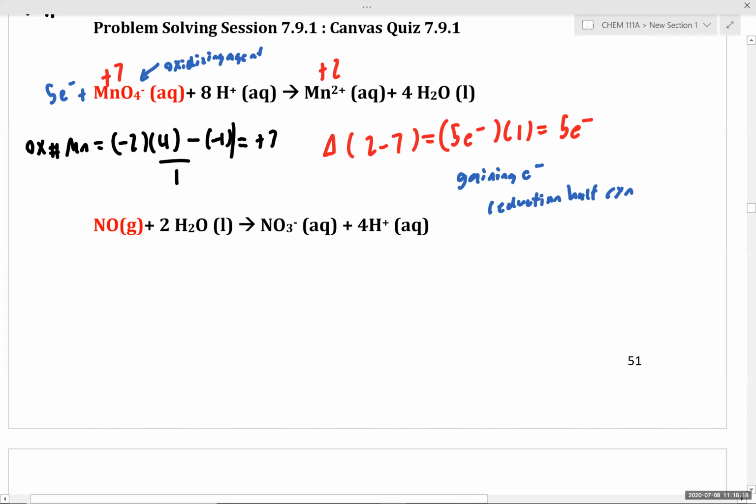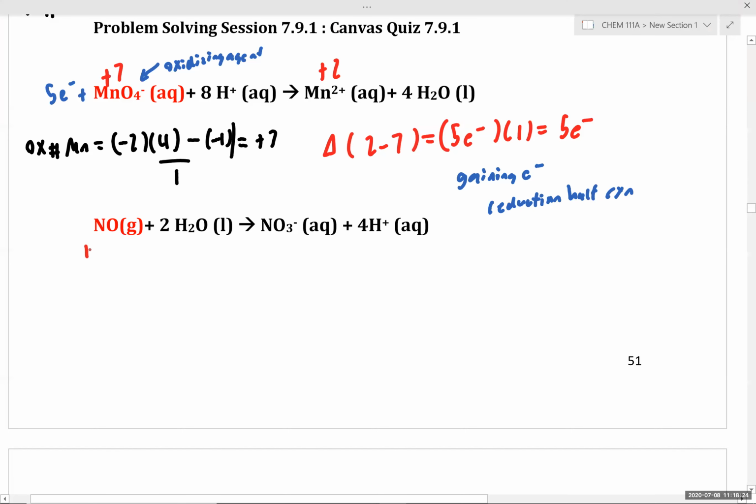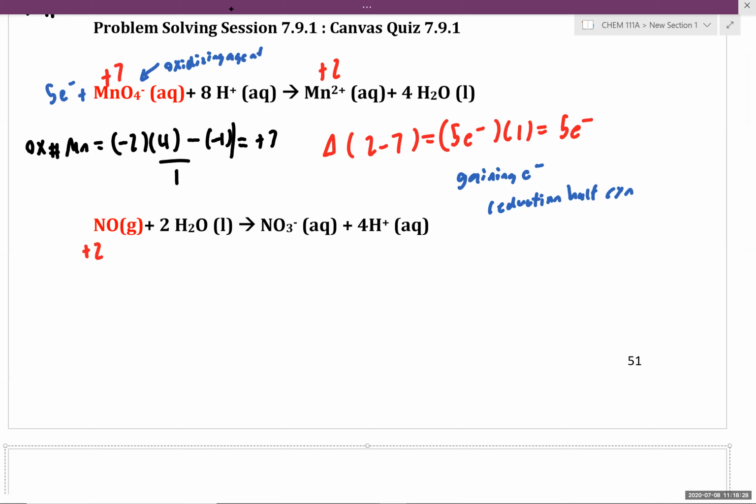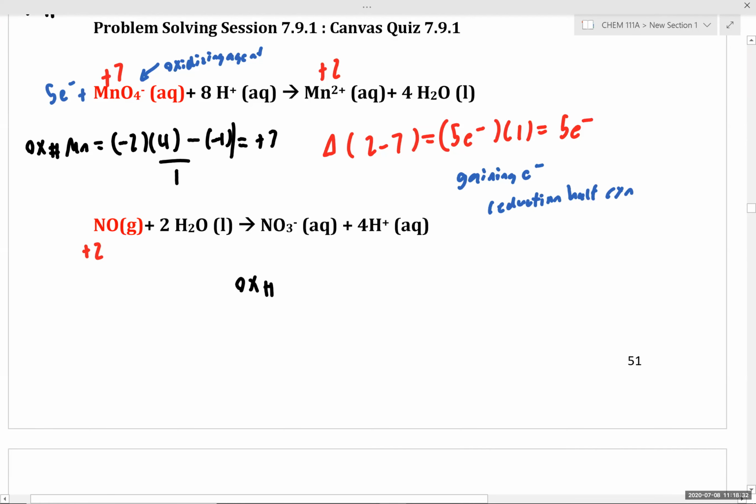Okay, so let's keep going. So we have nitrogen monoxide. We'd assign the oxidation number of nitrogen as +2 in this case. In nitrate, the oxidation number of nitrogen is equal to the oxidation number of oxygen times the number of oxygen atoms minus the total charge over the number of nitrogen atoms, which in turn gives us an oxidation number of +5.